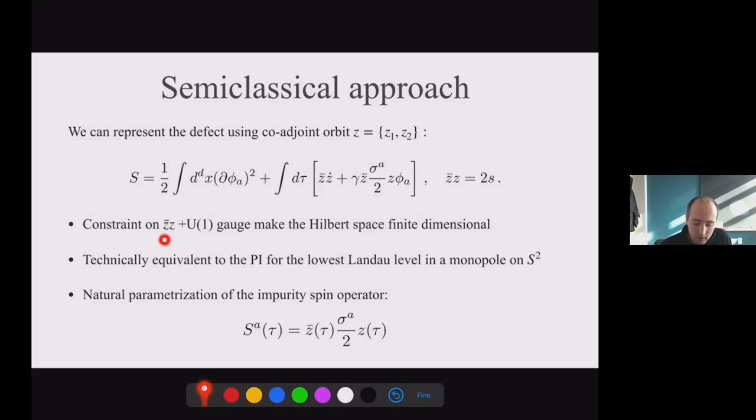So the constraint and the U1 gauge symmetry make the Hilbert space finite dimensional, it is a coadjoint orbit, maybe you know about it. And the spin operator in this language is represented as a bilinear in the field Z and couples to phi in the way you expect. In the condensed matter literature, this is exactly equivalent to the path integral for a charged particle in a monopole field on the sphere, in the lowest Landau level.